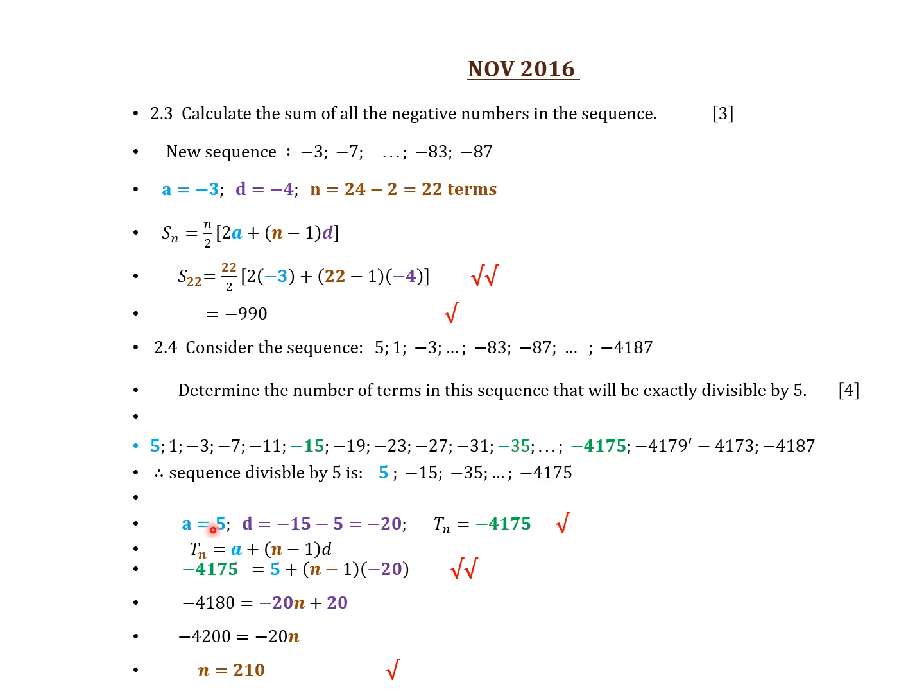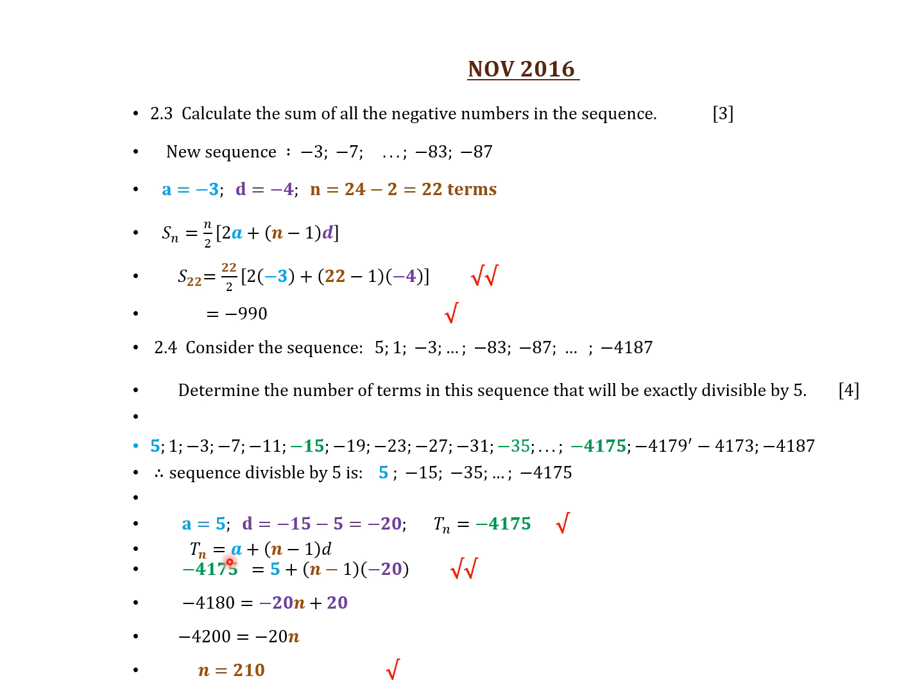So A is 5, and D is term 2 minus term 1. Minus 15 minus 5 gives me negative 20. Tn, my last term, is minus 4175. We want the number of terms, we want n. In the Tn formula, Tn is minus 4175, A is 5, D is negative 20, but we want n.